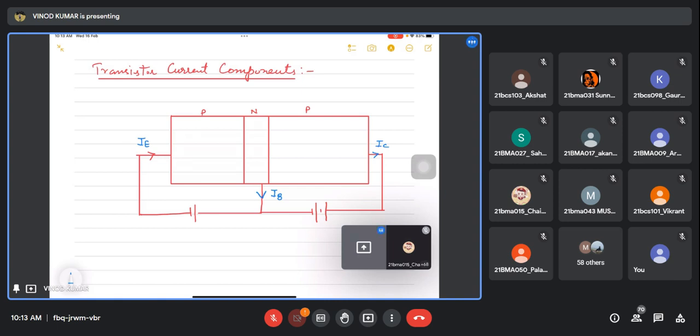So this emitter current is because of two things: one is because of the holes, and another one is because of the electrons.